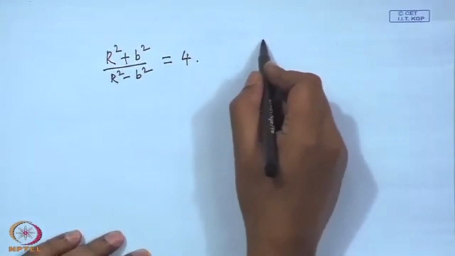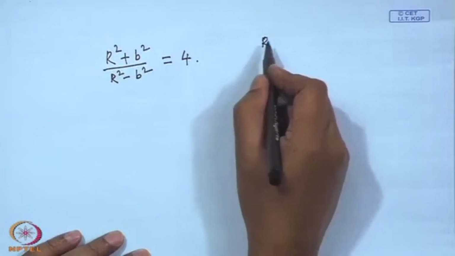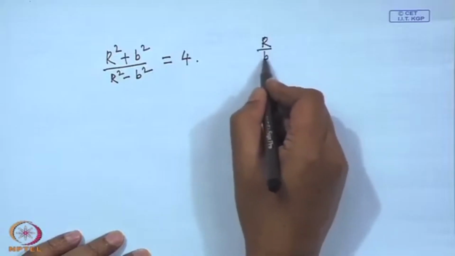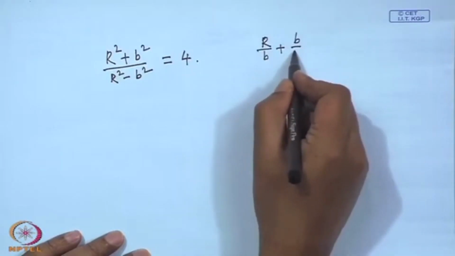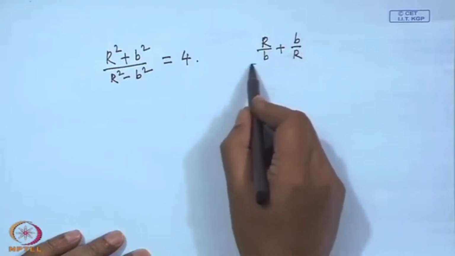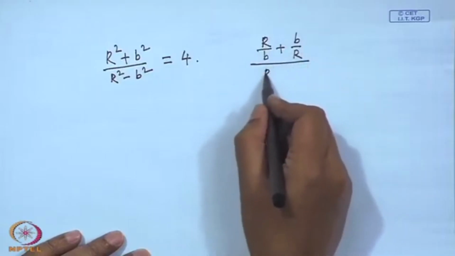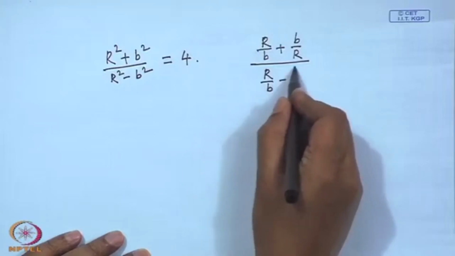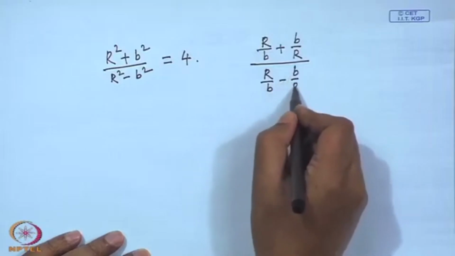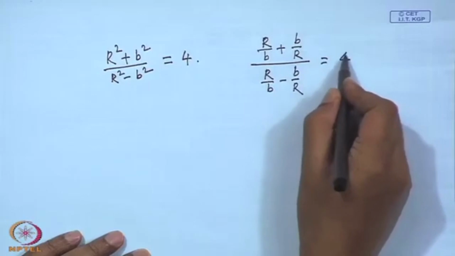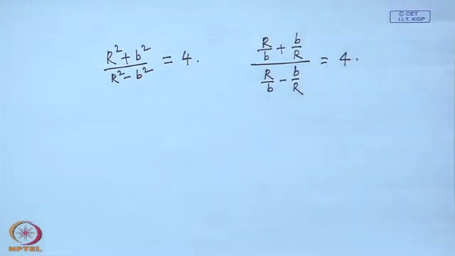Which, if you want, you can also write as r by b plus b by r. Now, find how much is r by b. Do not try to find r or b separately, because we do not need even r and b separately.